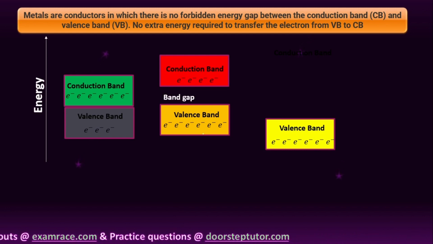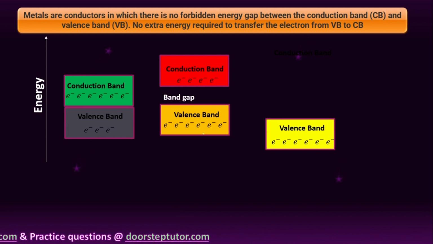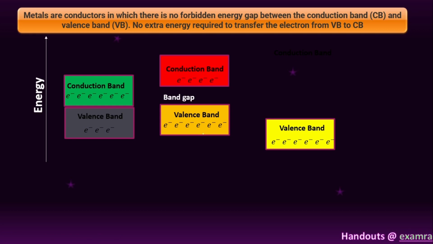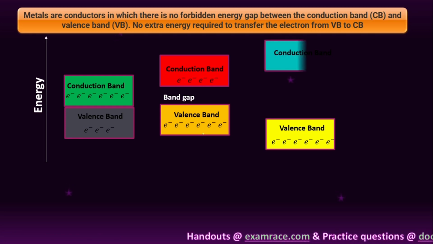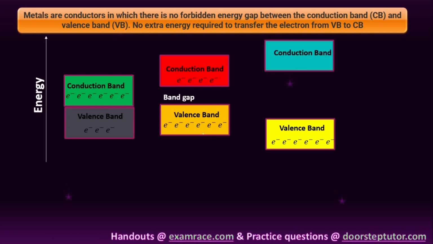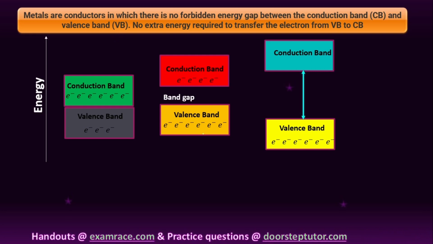Excitation cannot take place into the conduction band. Therefore insulators cannot allow current through them, so we call these materials insulators. Here the forbidden energy gap is very high in insulators.